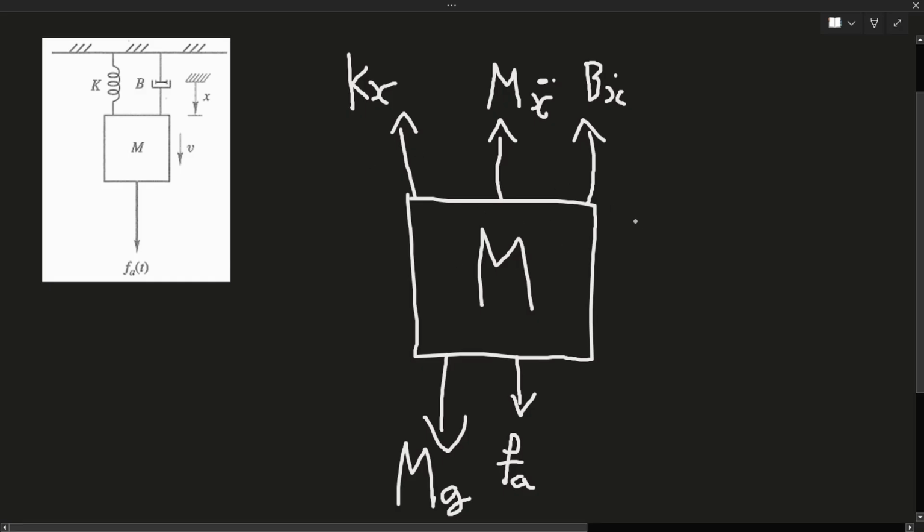Once we have this, we can begin to write our equations. So we're going to put whatever is pointing down equal to whatever is pointing up.